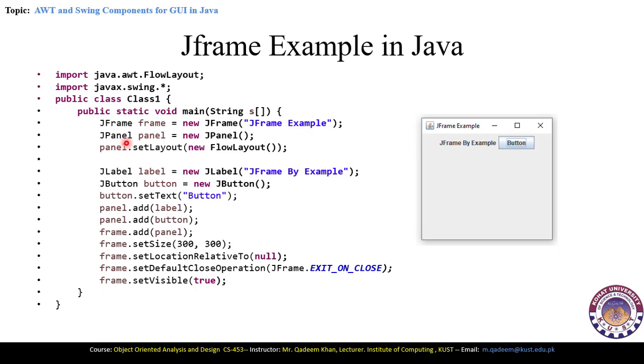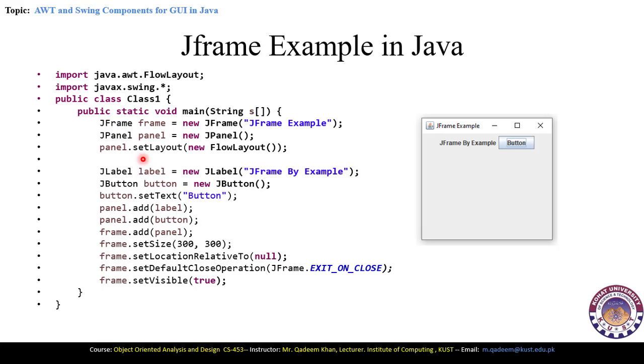Then we have to define the JPanel: panel = new JPanel. The JPanel is in fact used to add the panel, and the panel is inside of the JFrame. So then the JPanel will be added inside of the JFrame, and in fact the window will be created. So first we have created the frame and then the panel using the JFrame and JPanel classes.